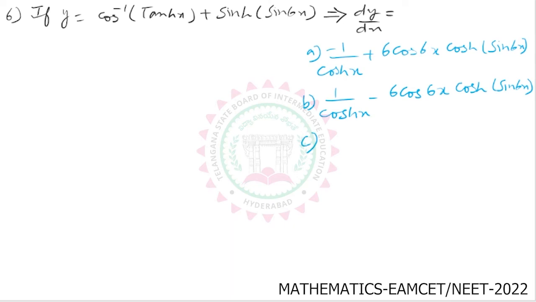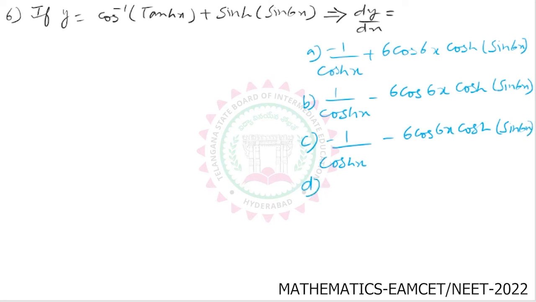Third option is minus 1 by cos hx minus 6 cos 6x into cos sin 6x.